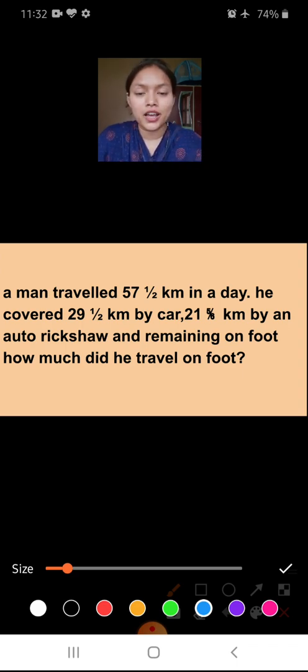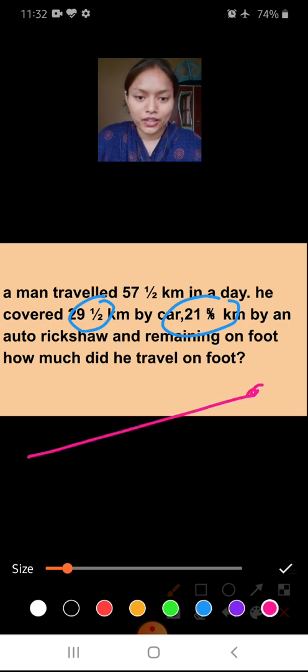So 57 and a half is a mixed fraction, so first of all we'll convert that into an improper fraction. Similarly, all these distances we will change into improper fractions first, then we'll solve. Suppose this whole distance is 57 and a half.